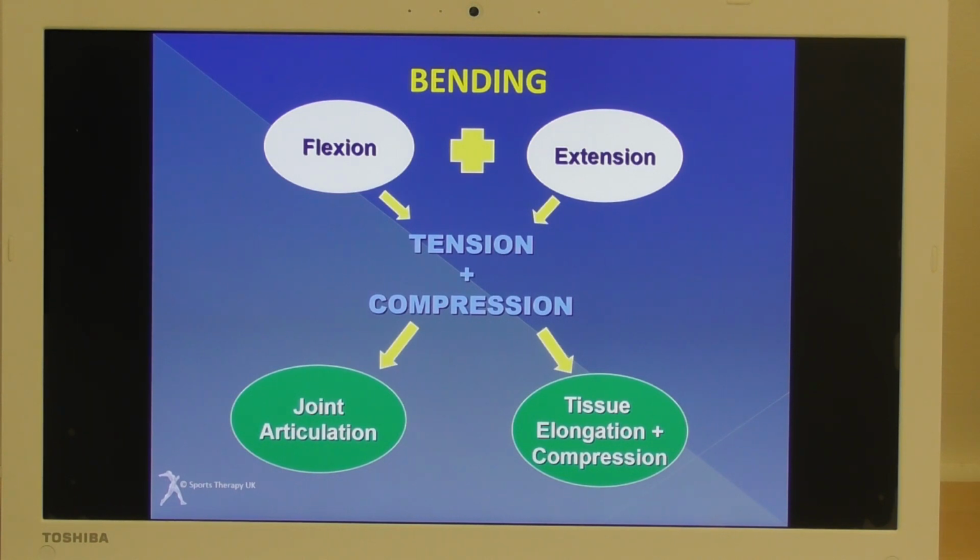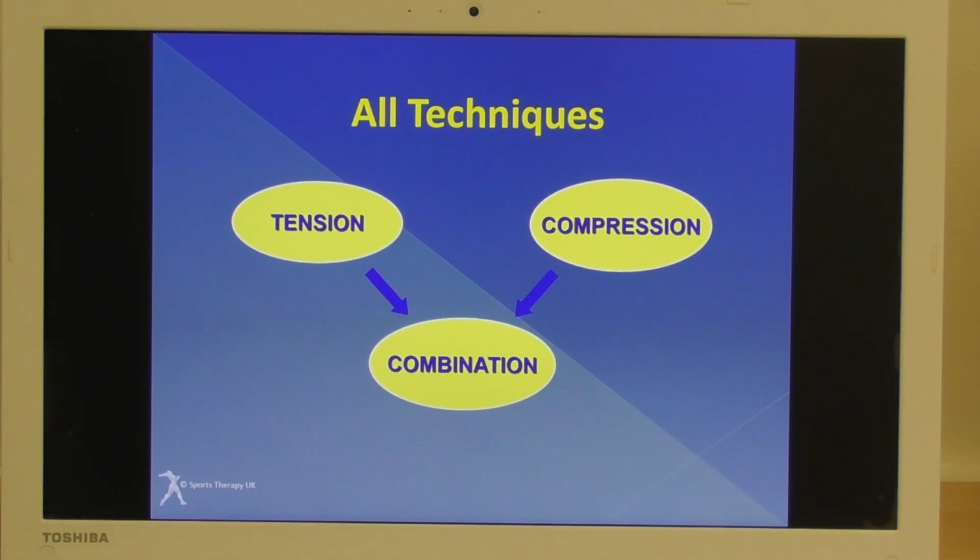We then get tissue elongation and compression, and then we've got some of that joint articulation going on as well. What we need to surmise, even though there's quite a few modes of loading there, is that most techniques that are out there will use tension and compression in combination. There's not normally one that's used on its own.